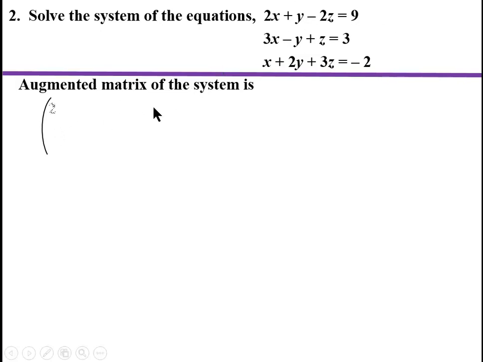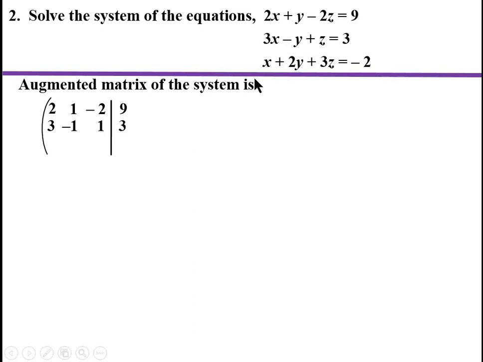So we have a 2, 1, negative 2, and the constant is 9. To get the elements of the second row, we collect the coefficients of the variables in the second equation, including the constant. So the coefficient of x here is 3, coefficient of y is negative 1, coefficient of z is 1, and the constant is 3.